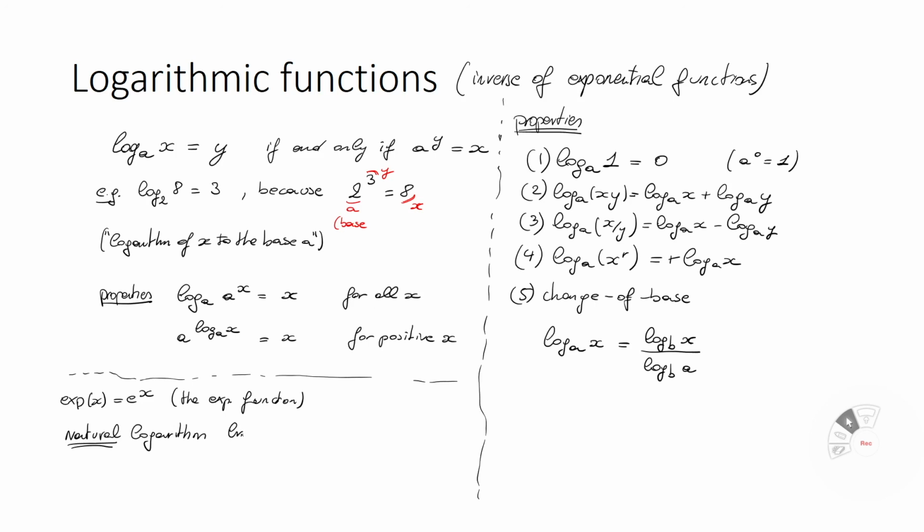That is written as ln, for log and natural, and is the logarithm base e of x. And this is also the most common logarithmic function that you will encounter.